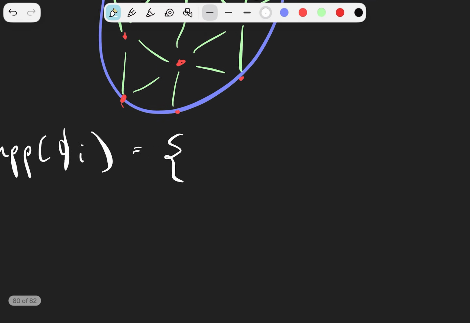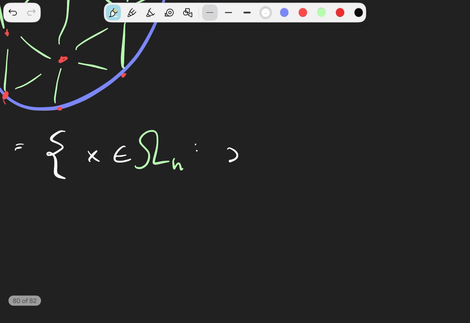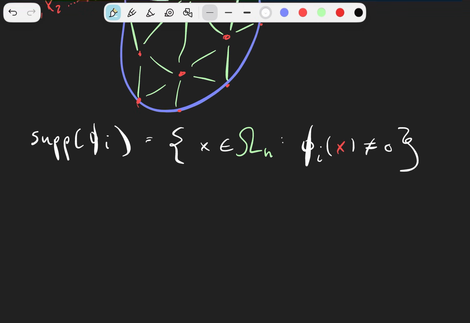We can define this really as just the set of all x within this discretized domain with finite elements, given that, well, really just for any nodes at all, the basis function for any node should not be equal to 0. So this is the support.